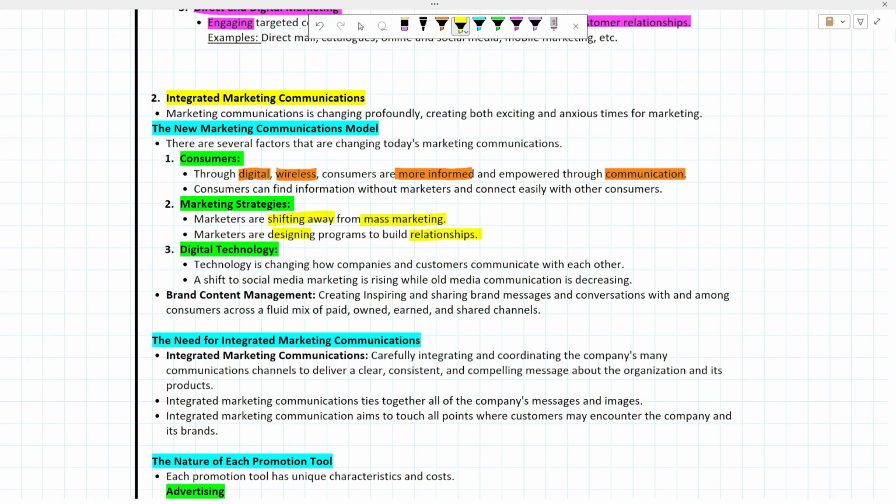Three, digital technology. Technology is changing how companies and customers communicate with each other. A shift to social media marketing is rising while old media communication is decreasing.